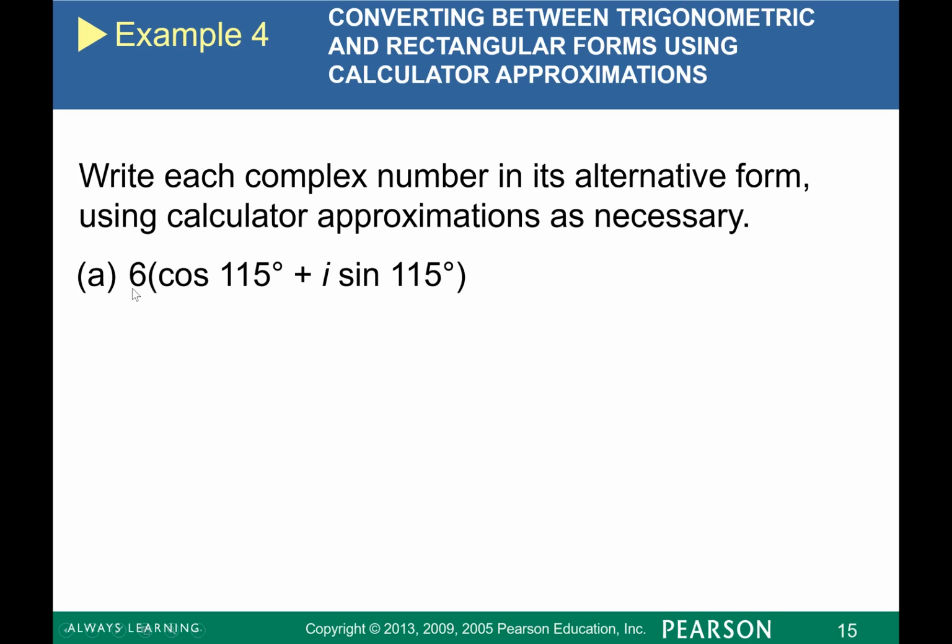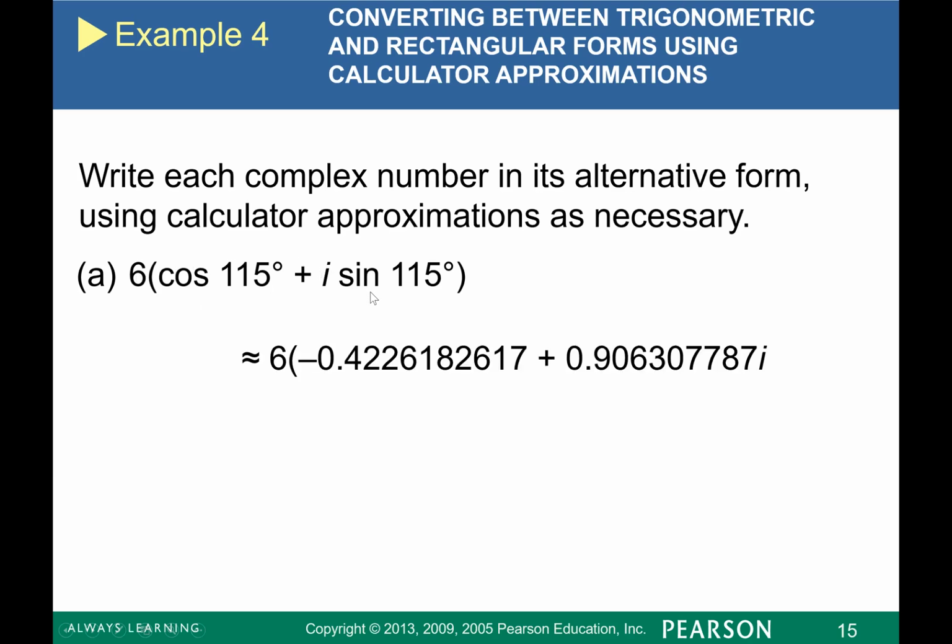I usually just take 6 times the cosine of 115 and then 6 times I sine of 115 degrees. I'm kind of lazy, so I just would do 6 cosine of 115 degrees, and your calculator should give you a negative 2.5357. Yep, something like that.